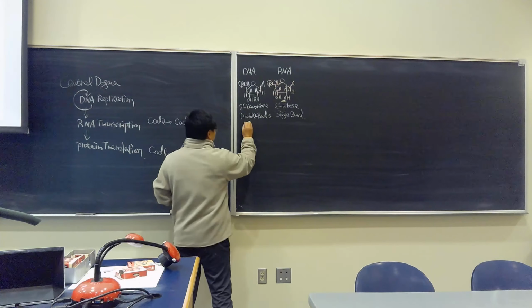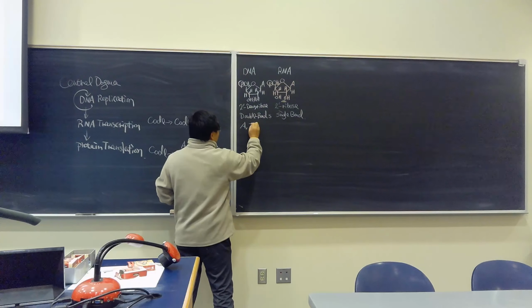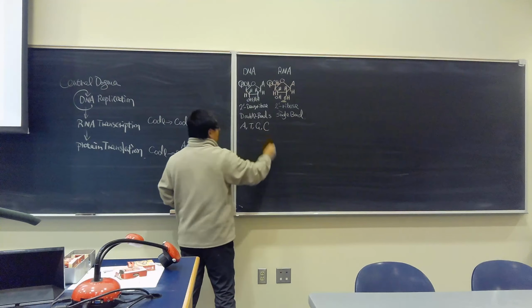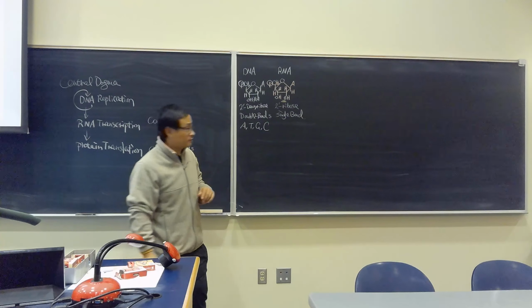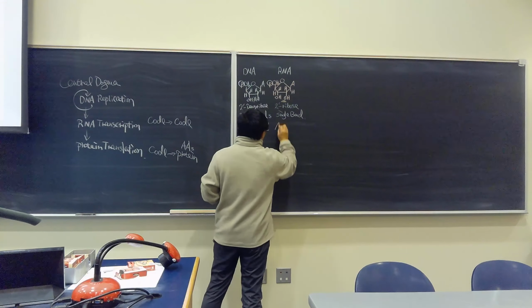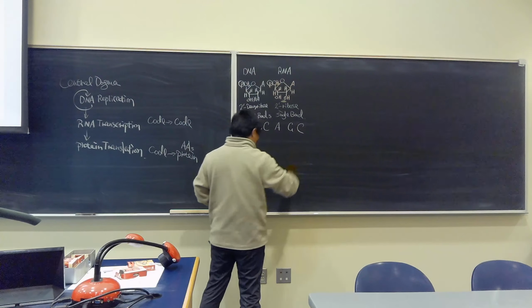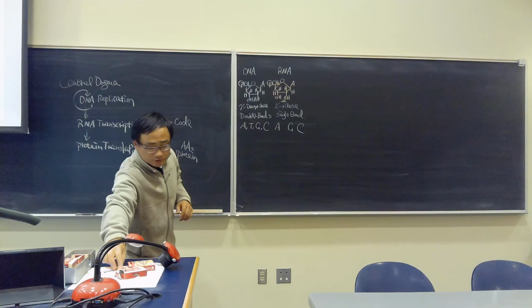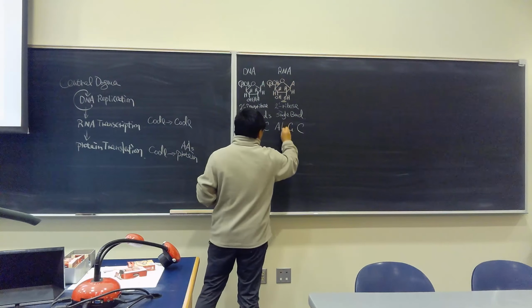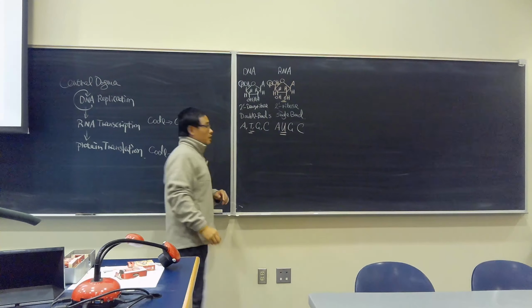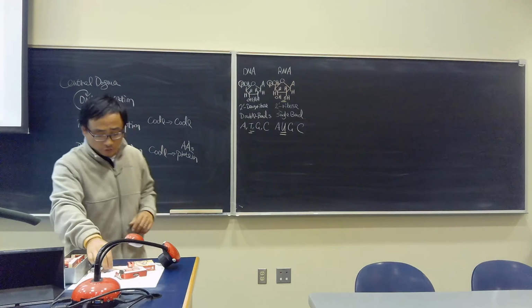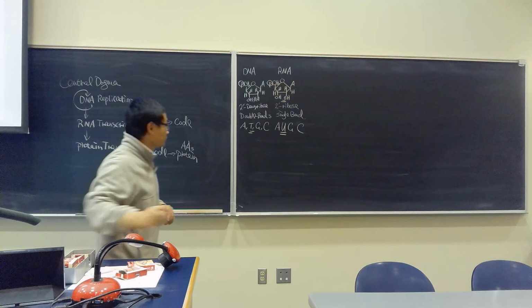DNA has ATGC as the bases: adenine, thymine, guanine, cytosine. RNA has AGC, all the same. The difference is the U. So instead of thymine, RNA has uracil. So what are the differences between these two?